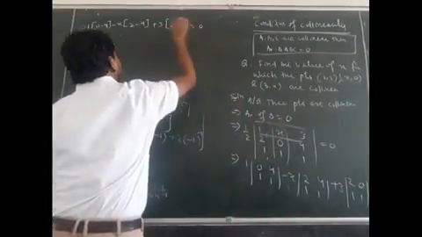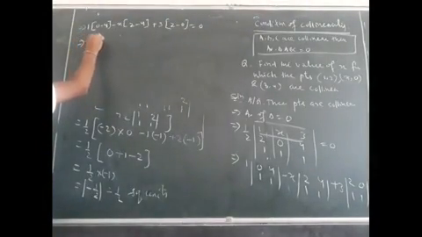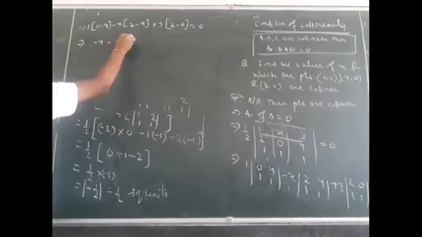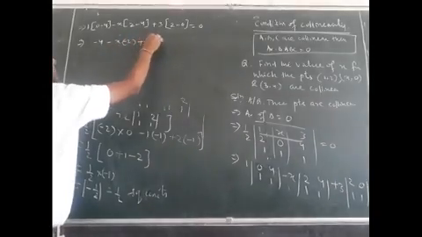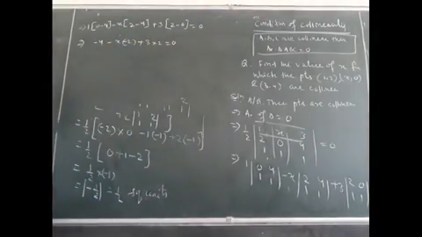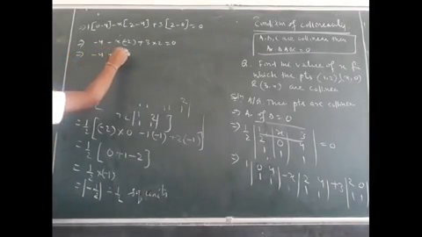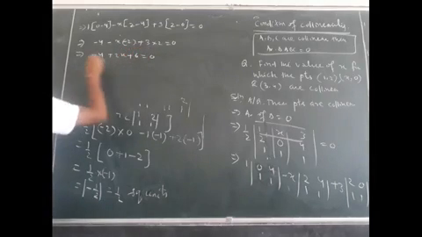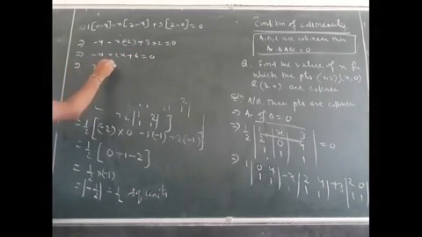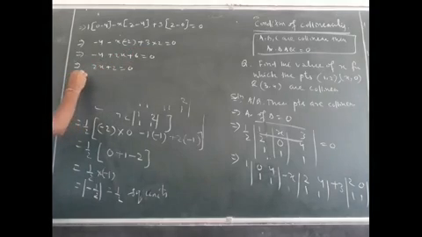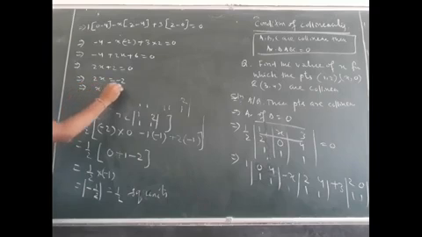It is equal to 0. Next it will be minus 4 minus x into minus 2 plus 3 multiplied by 2 is equal to 0. So it will be minus 4 plus 2x plus 6 equals 0. So it is 2x plus 2 equal to 0, and 2x equals minus 2, and x will be equal to minus 1.